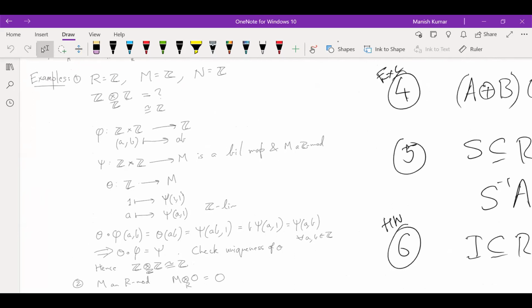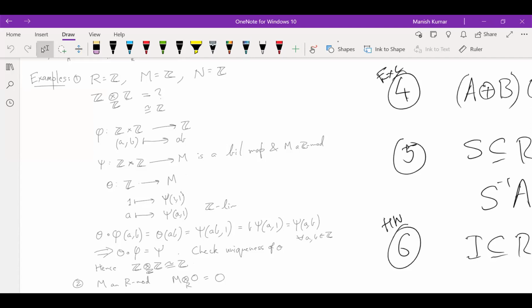Though the construction says you take a free module over Z cross Z, which is God knows what, a very big module, and you quotient it out by some crazy thing, and eventually what you get is Z. So you don't get something completely crazy.